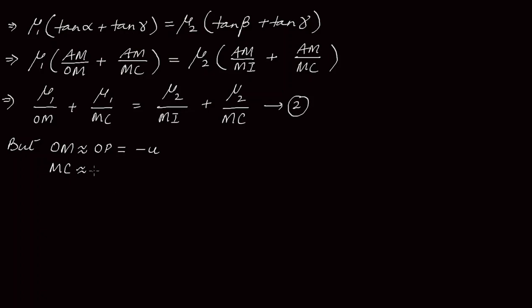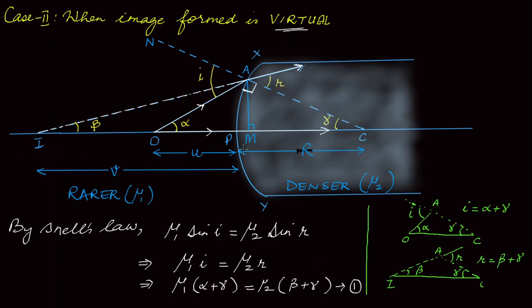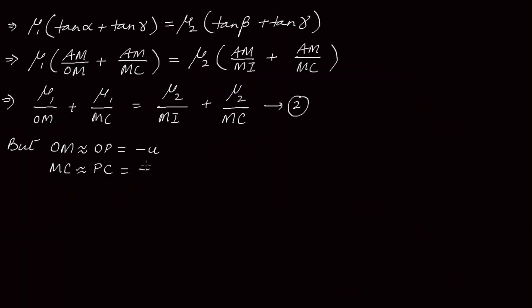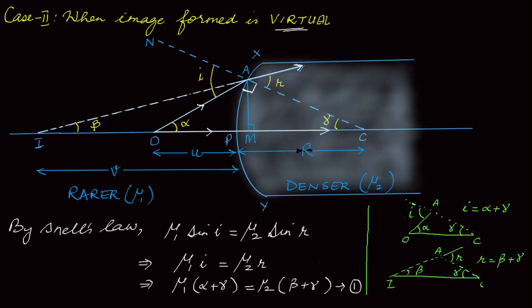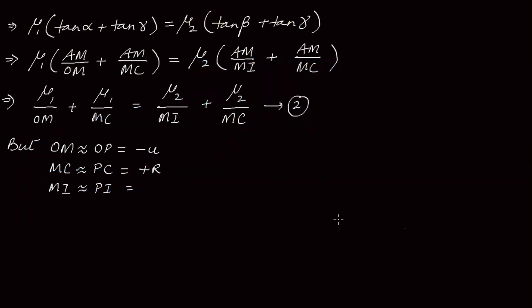MC will be nearly equal to PC, and that will be plus R. And what is MI? MI is nearly equal to PI, and that is minus v.